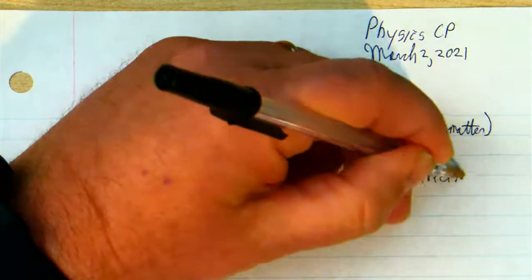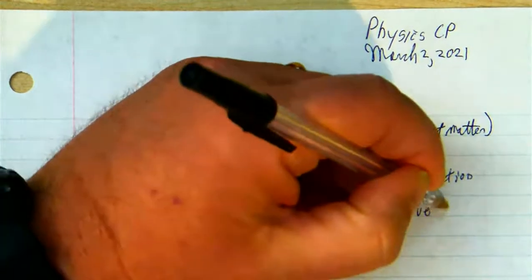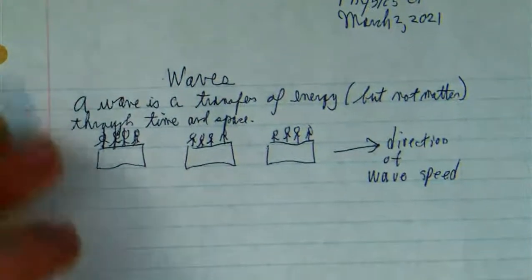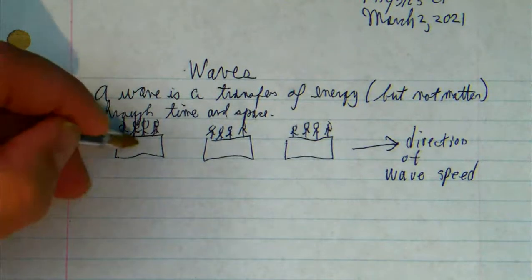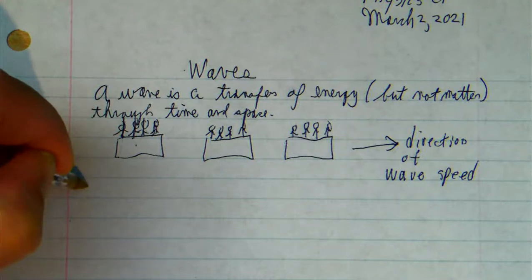The direction of wave speed, or if you like, wave velocity, would go across the room. But the direction that any student moves, so how do we put this?